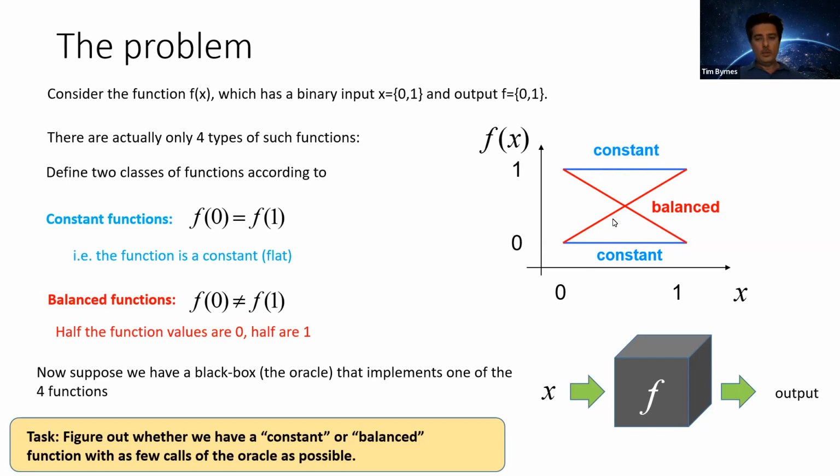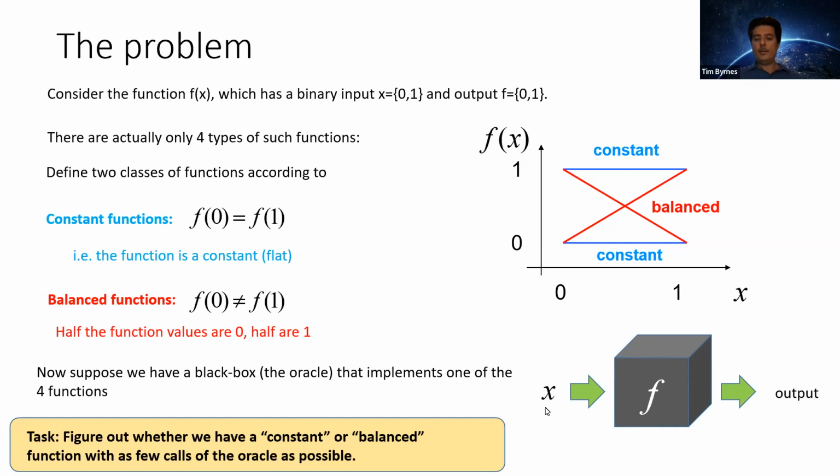So basically, the aim of Deutsch's algorithm is to distinguish between these two kinds of functions. You're given one of these functions in, let's say, this black box here, and what we're going to try to do is to evaluate this box with as few calls of it as possible.